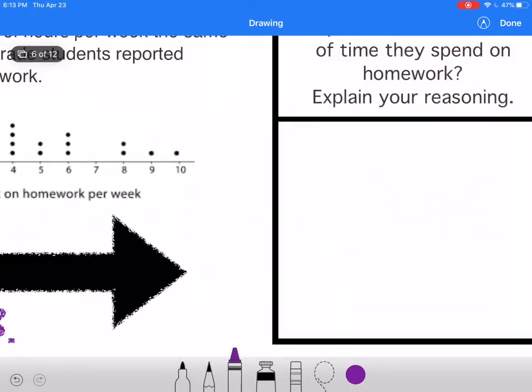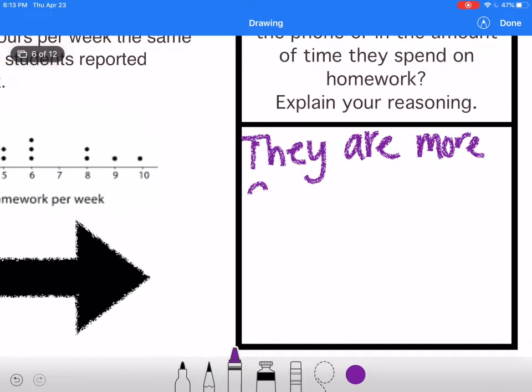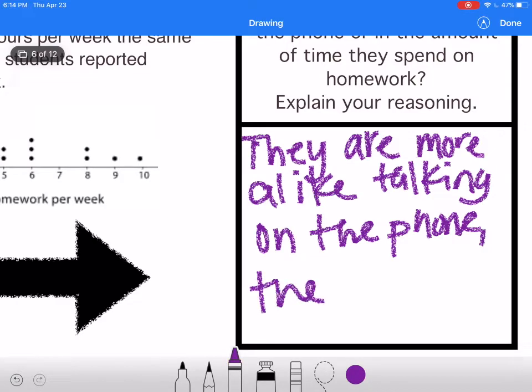So they are more alike talking on the phone because the spread is smaller.